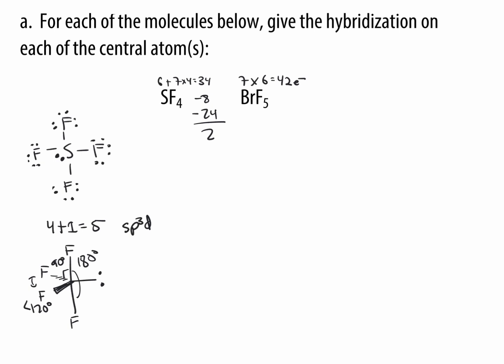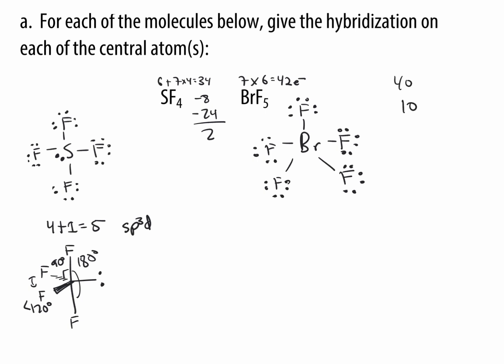For BrF5, showing the skeleton structure and octets on the terminal atoms, I've used 10 electrons for the skeleton structure, which leaves me with 32 electrons left. Then I put 6 electrons on each of the 5 outer atoms. That's 30 electrons, which leaves me with 2 electrons left over.